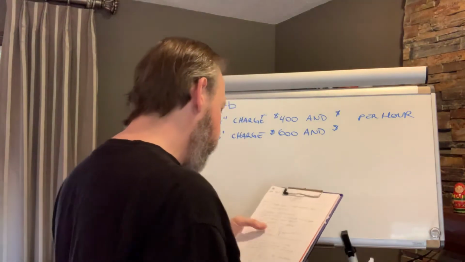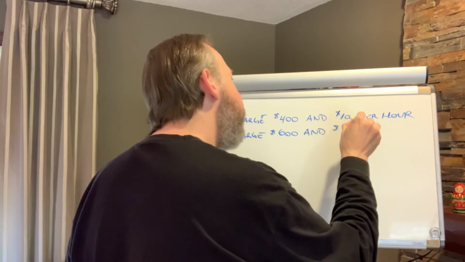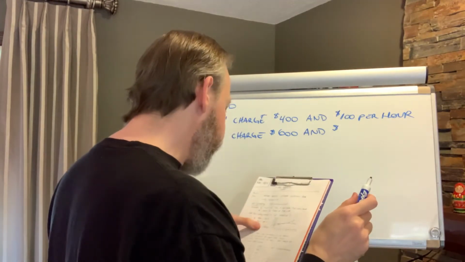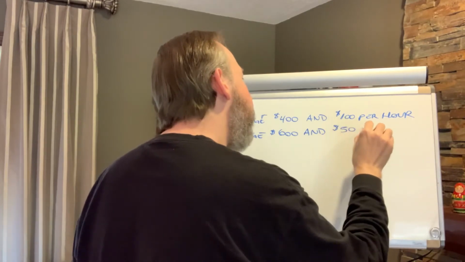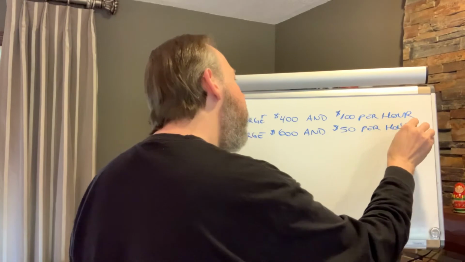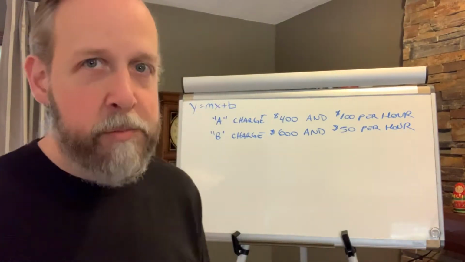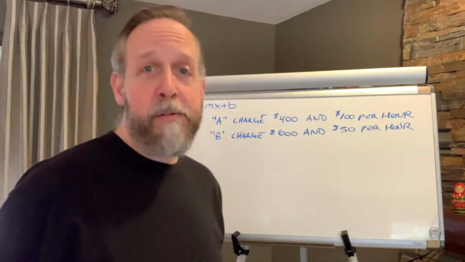Builder A is getting worse and worse by the moment. He's charging me $100 an hour. Sorry. Builder B is a little bit nicer. He's only $50 per hour for his work. All right, good. Sorry about the confusion.